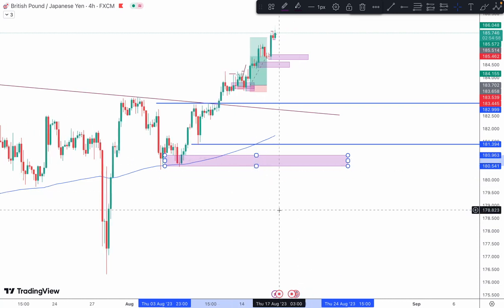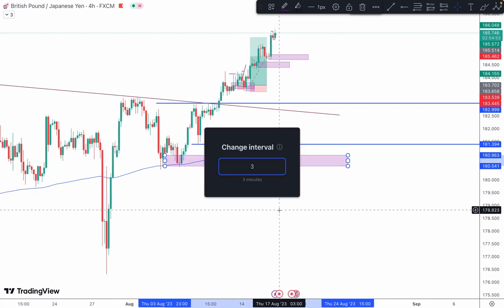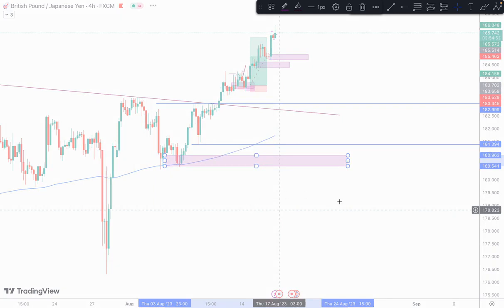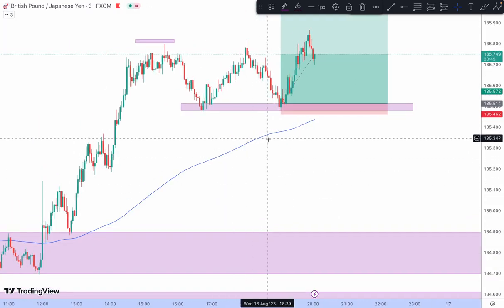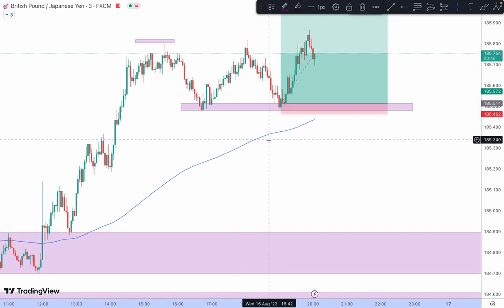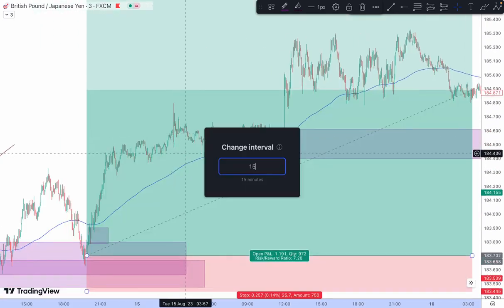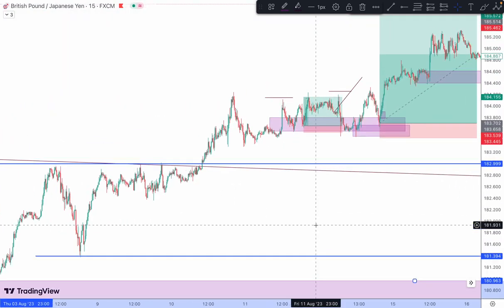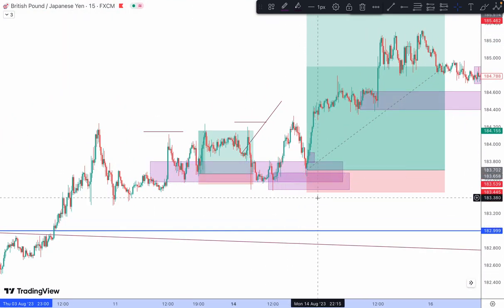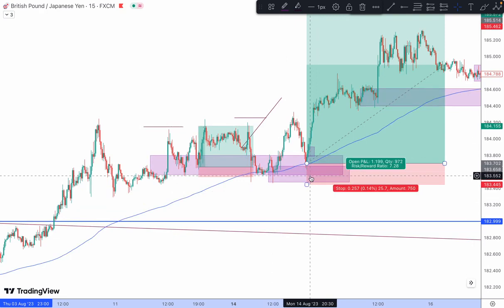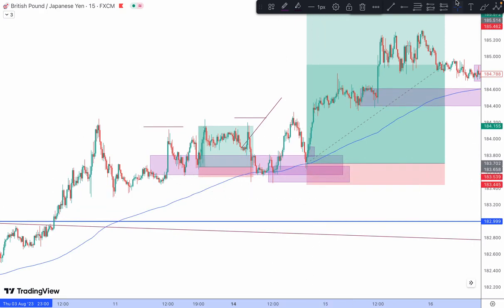Here I'm being a bit more impulsive and advanced. Why? I just placed a trade based on 3-minute time frame. That's it. Why? Because I found the pattern. And here I placed a trade based on 15 minutes. Why? Because I found the pattern. Break of structure, market came to the zone, and the trend is bullish, so I placed a bullish trade.